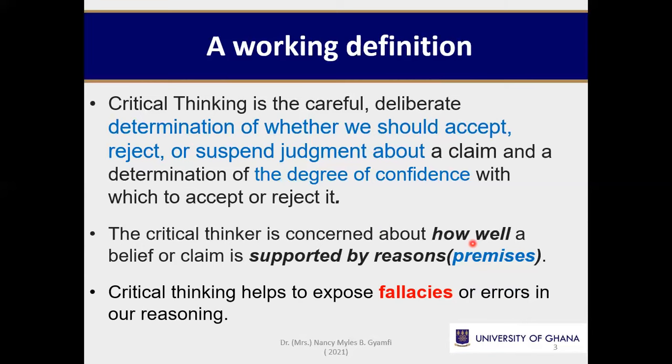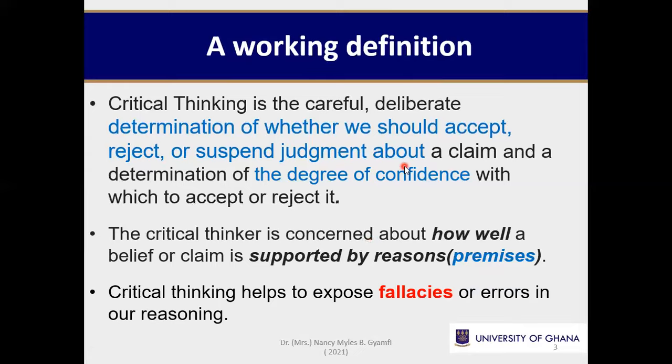Could it be? The critical thinker aims at clarifying and investigating how well a claim, conclusion, is being supported by evidence, premises. Okay. And in doing so, the critical thinker wants to expose fallacies or errors in our reasoning.